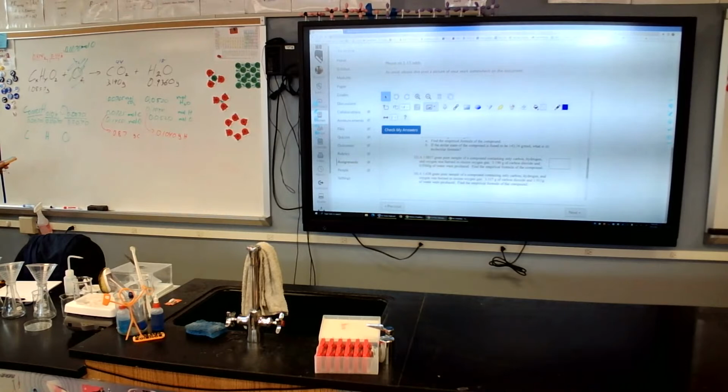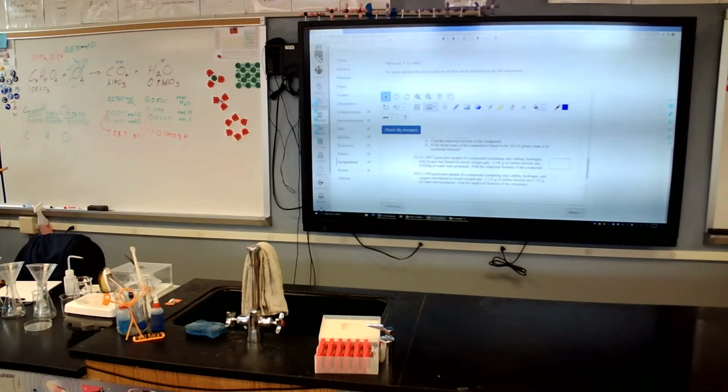So you have to change the hydrogen. The hydrogen has a molar mass of 1. Oh, yes. So the moles and grams are the same.